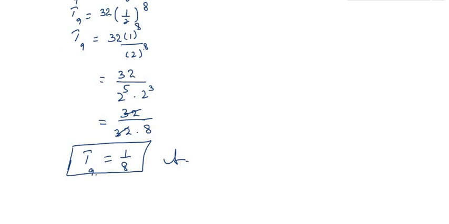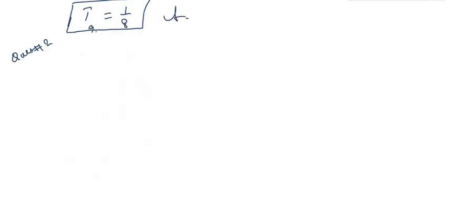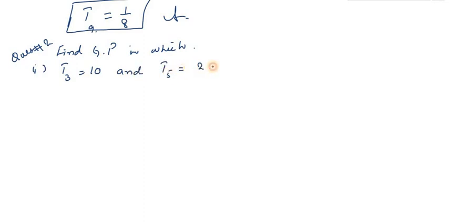And in question number 2, find the geometric progression in which, in part 1 of question number 2, the third term is 10 and the fifth term is 5 upon 2.